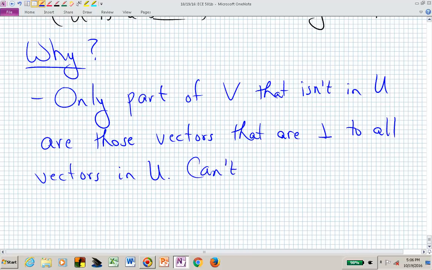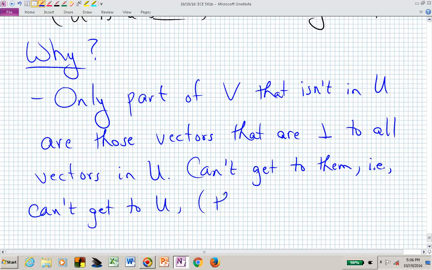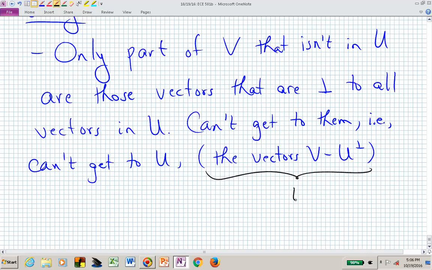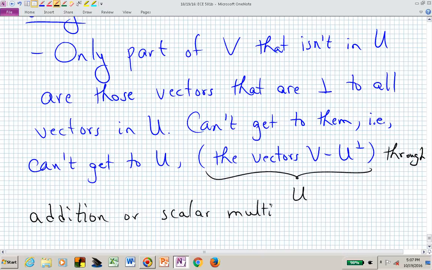And if we're dealing with those vectors, we can't get to the vectors in U perp, that's our subset's complement, through addition or scalar multiplication of vectors in U.